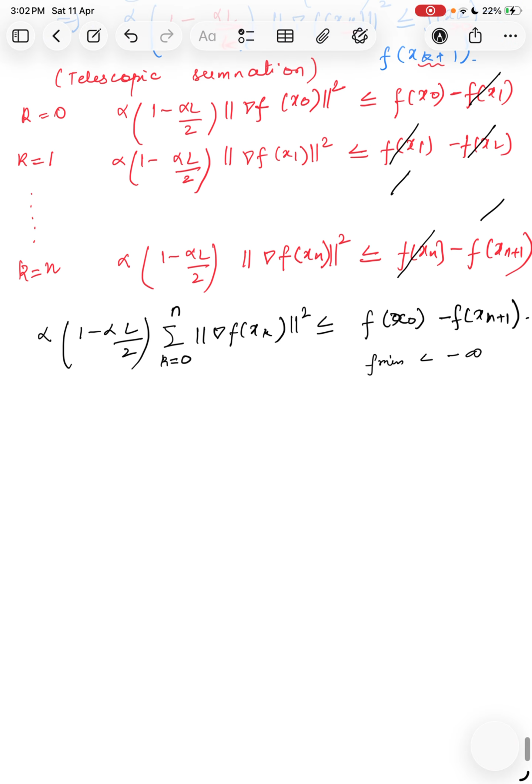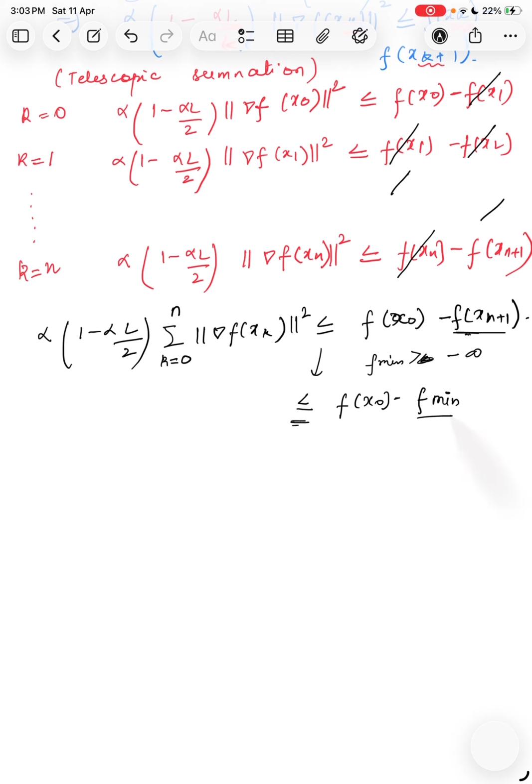So what I'll say is, from here I'll say this is less or equal to f at x naught minus f min. So if this quantity is greater than this, then if I subtract something which is less than this, it will still be greater than this, right? So I can just replace f of xn plus 1 with f min, and this inequality will still hold.